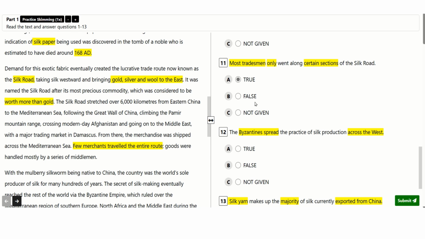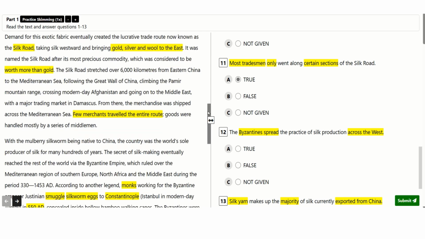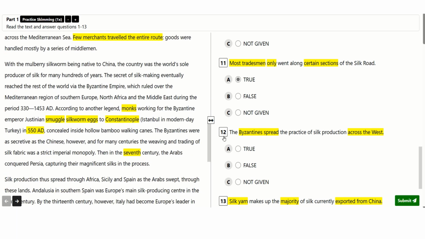Okay, next is they spread. We can easily find this word because this is a noun, they won't change it. Spread the practice of silk production across the West. We need to find who spread it. Mulberry silkworm being native to China, sole producer. Okay. Oh, we got this.